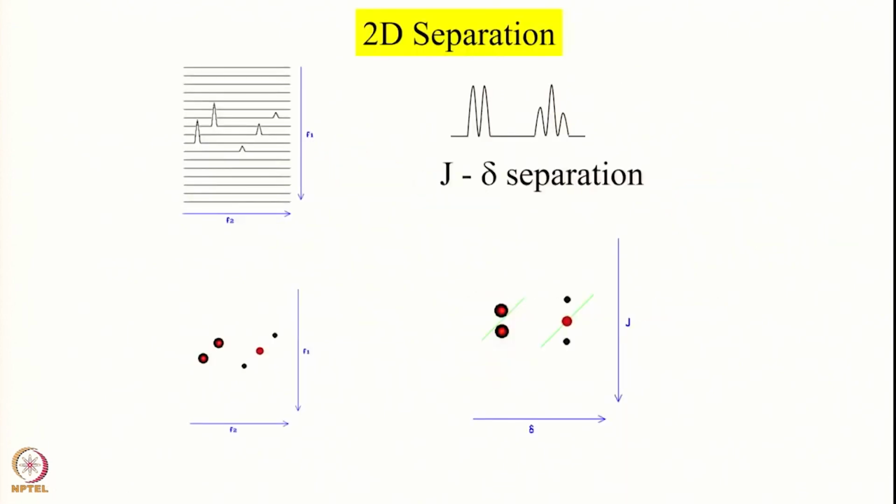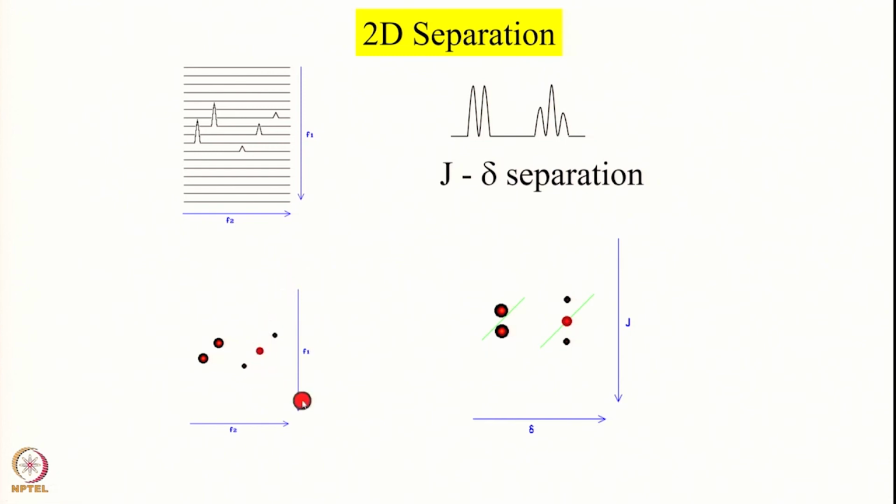How does this look? This is explained here, and it is called 2D separation. Consider this sort of system, where you have a doublet and a triplet. Along the F2 axis I have both the J and the delta. This axis is delta plus J, and this axis is only J. So delta plus J and J, what will it give me?